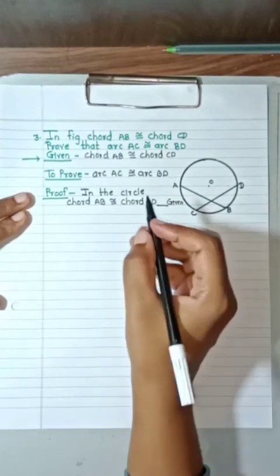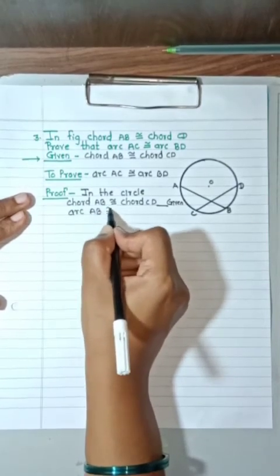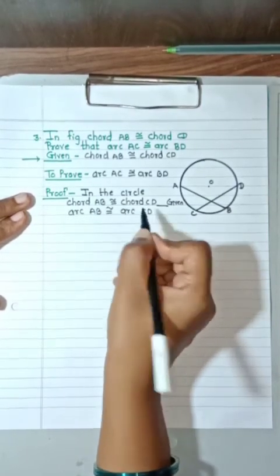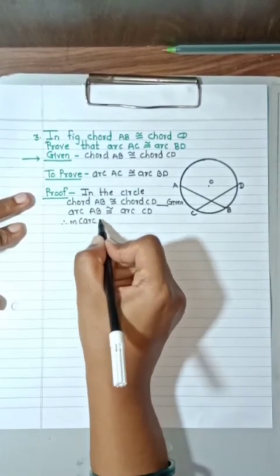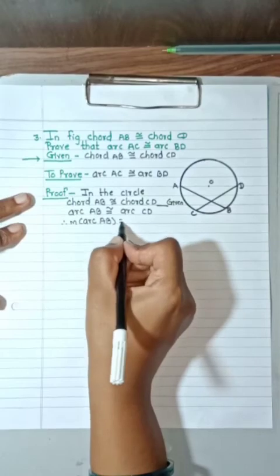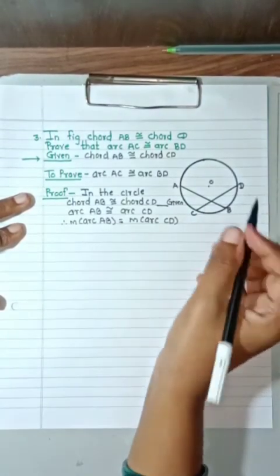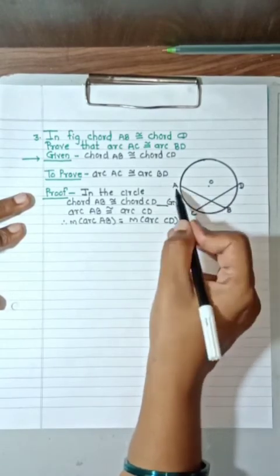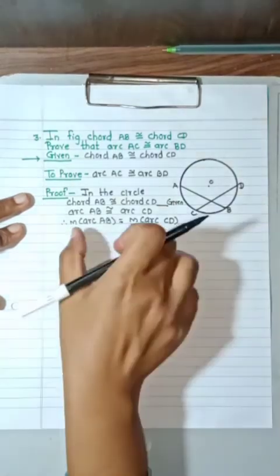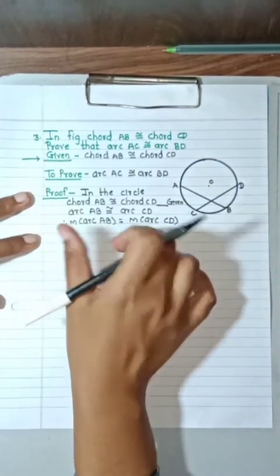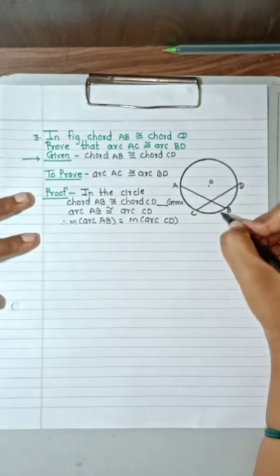Then you can write arc AB is also congruent to arc CD by theorem. Therefore measurement of arc AB is equal to measurement of arc CD. Now what is arc AB? Arc AB means arc AC plus arc CB.